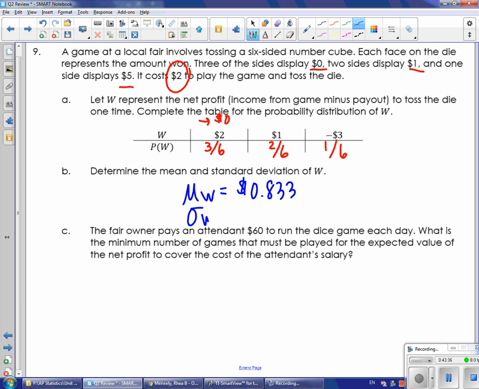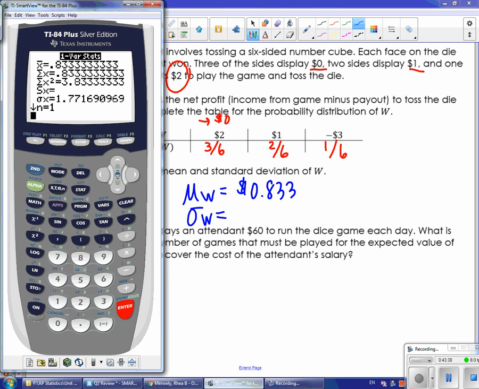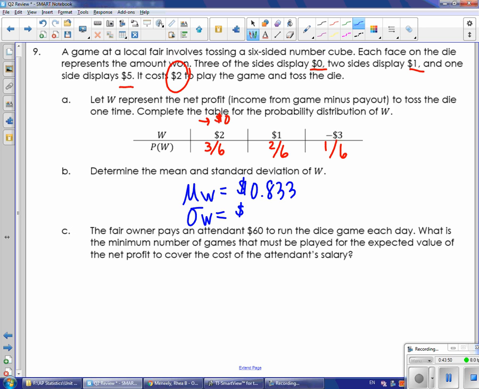And the standard deviation of W, and let me just show you again on the calculator. You want to make sure that you use the standard deviation, the sigma sub X, which is 1.772. And again, we're dealing with money, so make sure you use appropriate units. So those are the mean and the standard deviation for W.